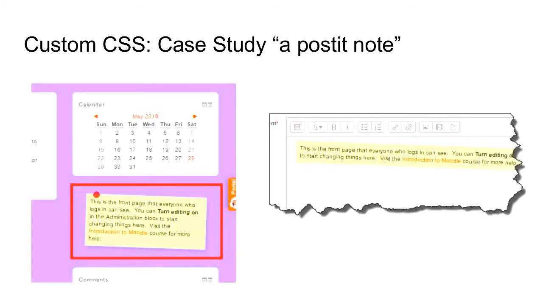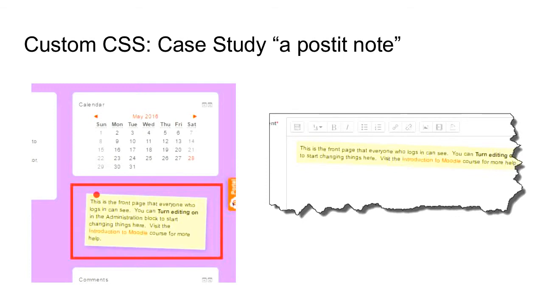As an example of the use of custom CSS, you may have noticed on the Moodle Cloud sites by default, there is a nice post-it note. And it's angled a little bit, so it's rotated clockwise slightly. It's yellow, and it's quite distinct from the area around it, and it looks a lot like a post-it note. In the HTML editor view, if you look at that post-it note, you actually see the same thing.